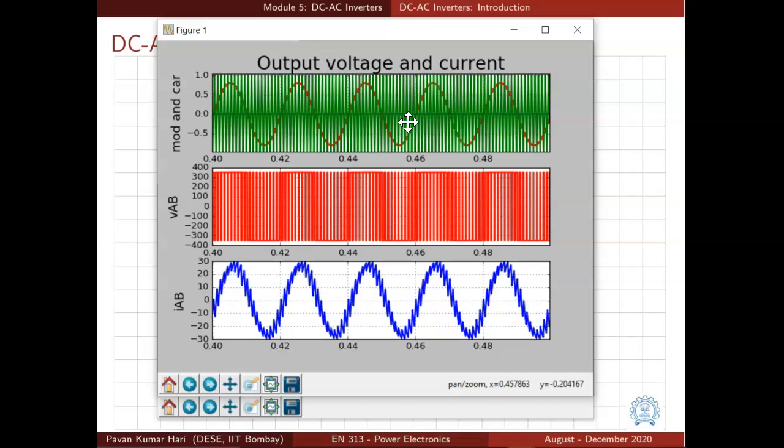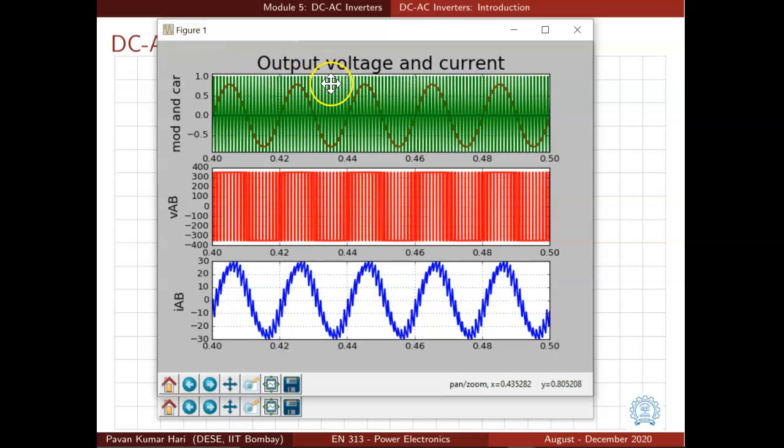And now the current is much better than what we have seen previously. And why? Because now the harmonics are at even higher frequencies. There is no harmonic between the frequency of the sine wave and the triangular wave. And that is seen in the spectrum also.